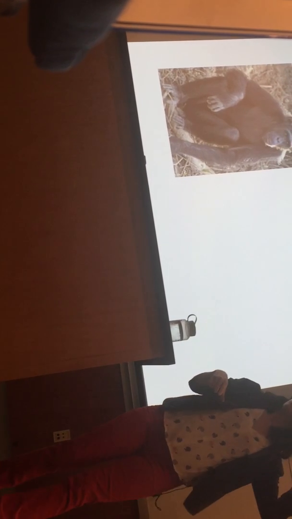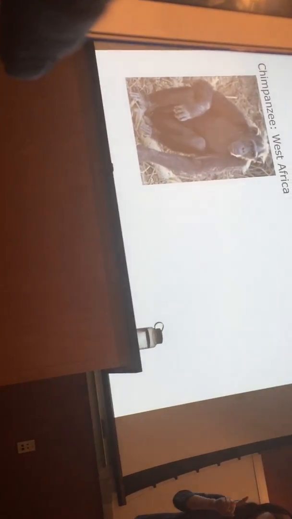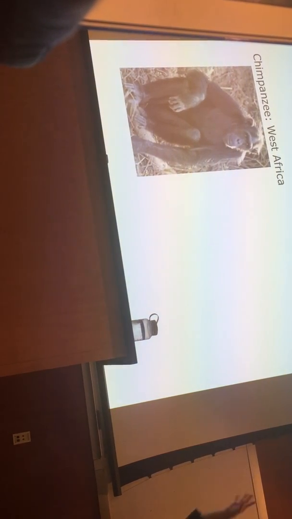Now, last Monday, I said there's an HIV-1 and an HIV-2. HIV-1, which is the one that affects the majority of the world, originated from a chimp. HIV-2 came from not a chimp, but a related old world ape. So it's not a chimp, but it's related to the chimp.